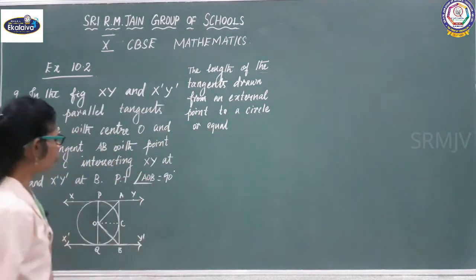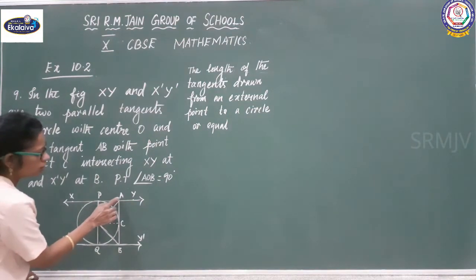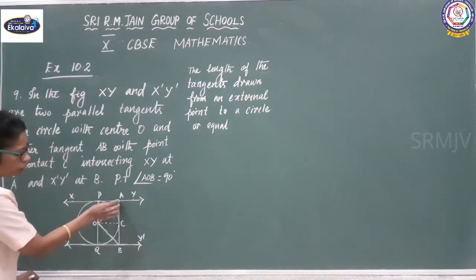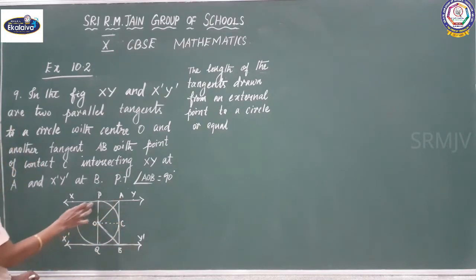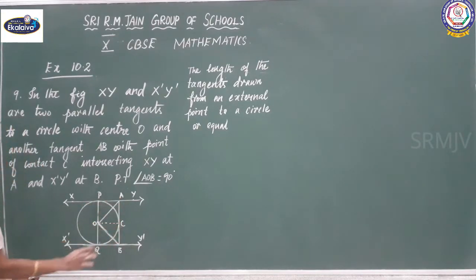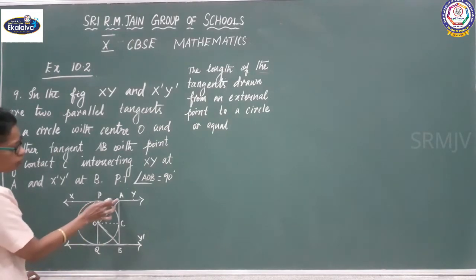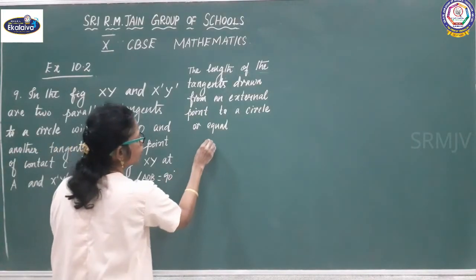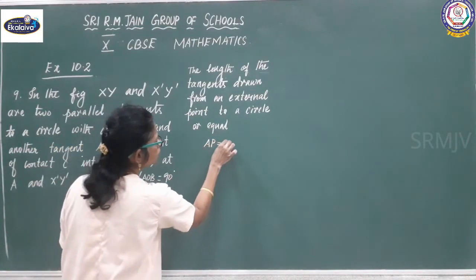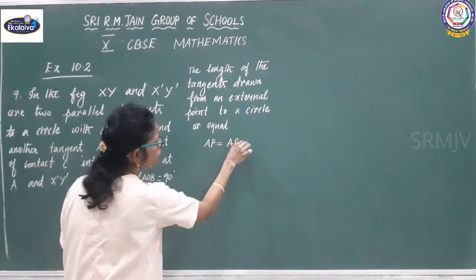That means which is equal, you see? This is an external point, PA and AC, right? PA and AC will act as tangents. That's why PA equal to AC, right? You can write AP equal to AC.